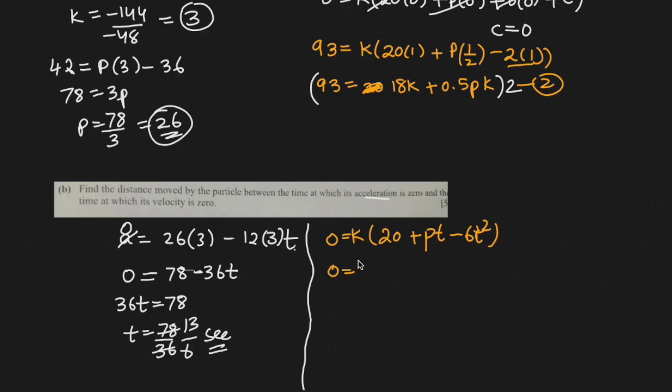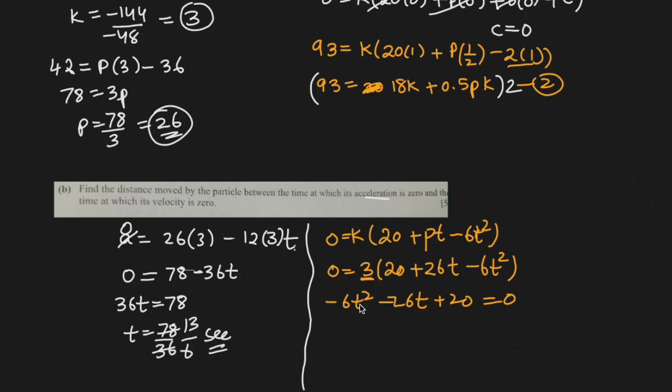So 0 equal to k, which was 3, times 20 plus 26t minus 6t square. So 3 cannot be 0. That means this whole thing is 0. Then only we can have their multiplication as 0. And all of them are even, so we can simplify this. So it will become minus 6t square plus 26t plus 20 equal to 0.